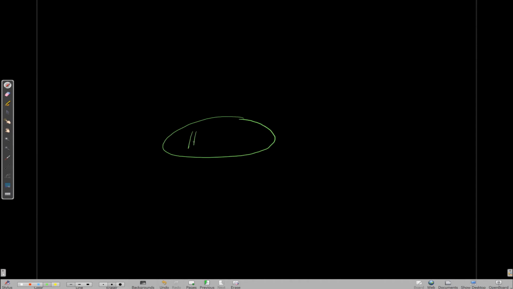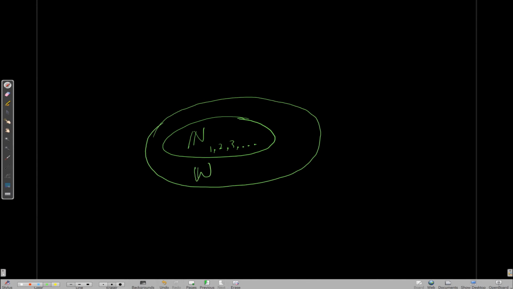Let's say these are natural numbers, so 1, 2, 3 and so on. Whole numbers contain all the natural numbers and one more number, so in W you have 0 here. 0 is the only number that sits between these two boundaries, because 0 is a whole number but not a natural number.